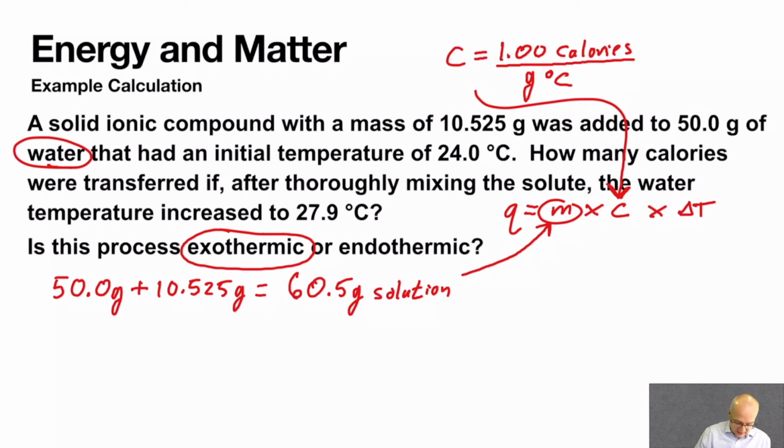So TI, let's do TI, and then TF. The initial temperature was 24. And the final temperature was, so delta T equals TF minus TI.